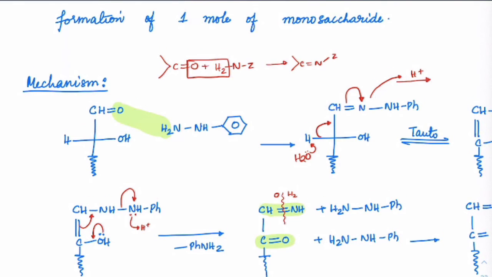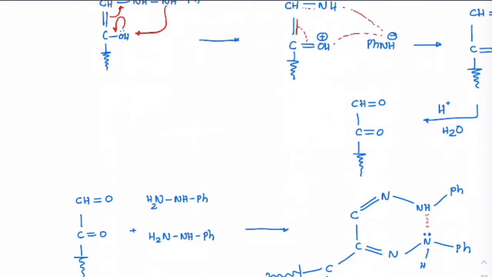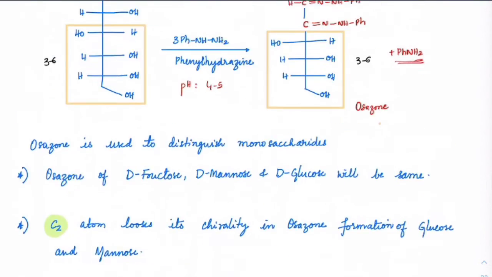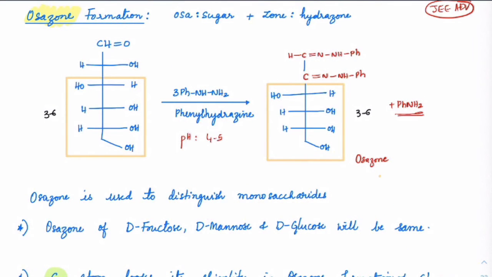Let me write it here. The bottom line is all you need to know is this: carbon 3 to carbon 6, no disturbance. The structure, the way it is there, it will retain. The osazone will only form at carbon 1 and carbon 2.